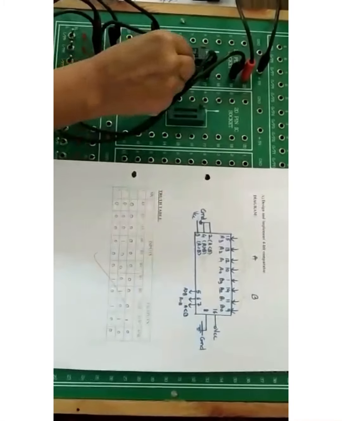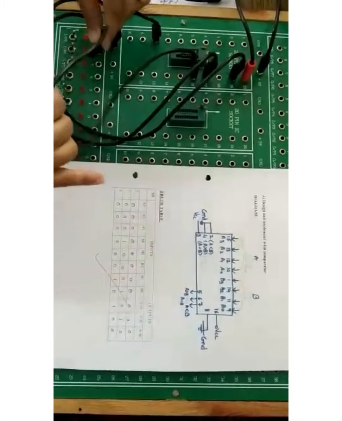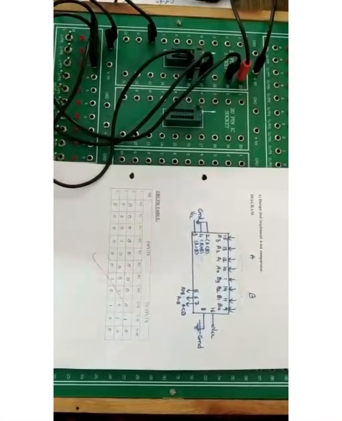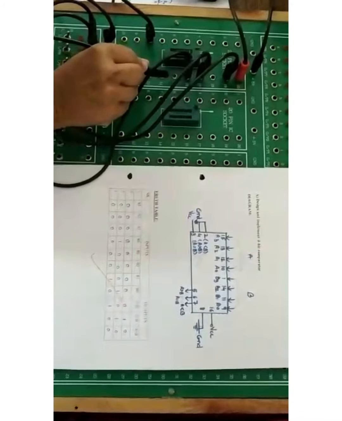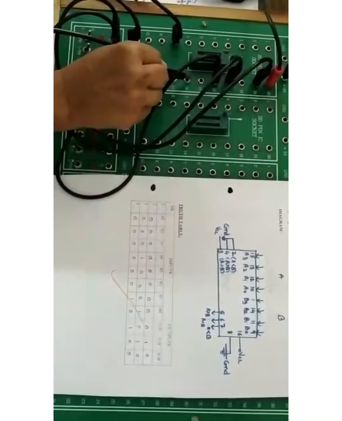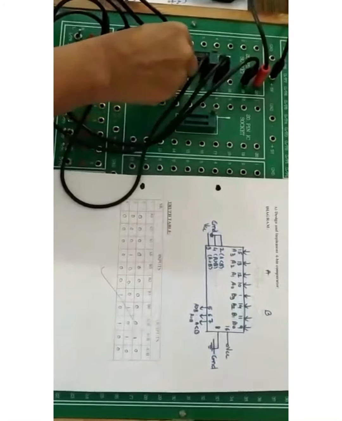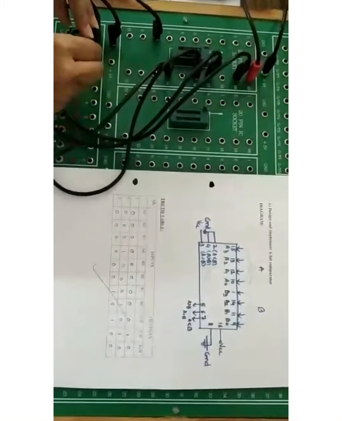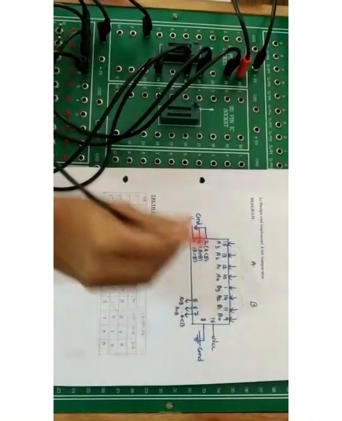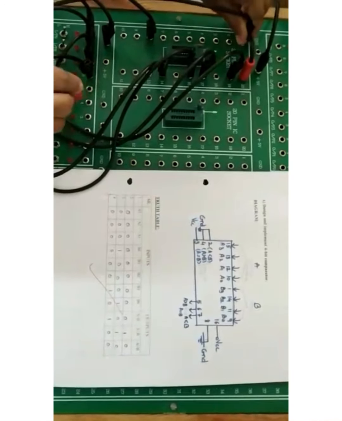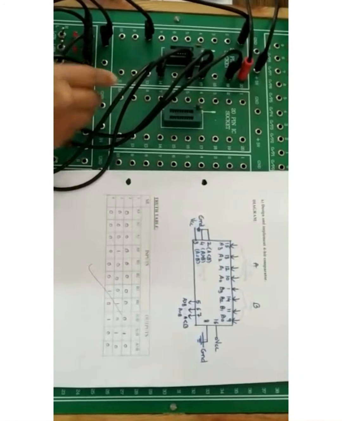Then pin number 12 is connected to the next input. Then pin number 10, after 12 and 11, is connected to again the next input. Then pin number 1 is connected to B3.